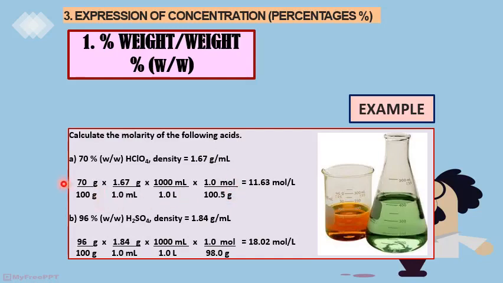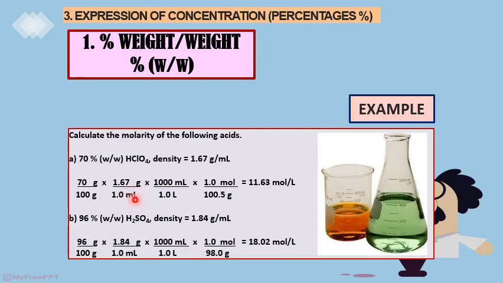And then this 100 gram we will convert into volume. So we will multiply with the conversion factor of density, 1.67 gram over 1 ml. We cancel out the gram and gram here, and we will have milliliter. But for molarity, it must be mole per liter.